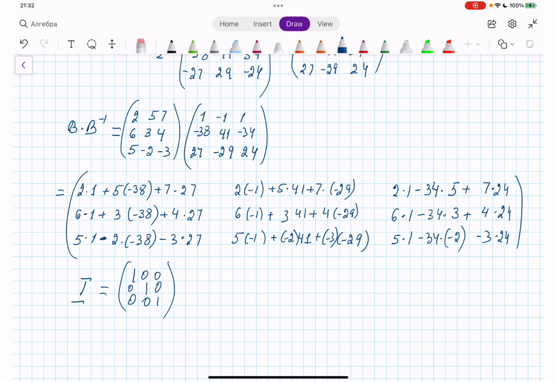What else can be interesting? That's it. Oh, a very important thing I wanted to mention in the previous video. Why do we use inverse at all? What is the inverse matrix for? Because we don't do division with matrices.